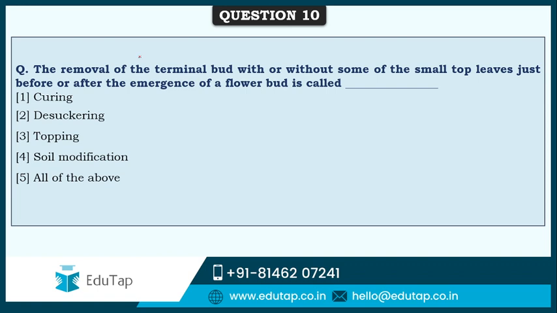Next, till now we have seen some questions on seed and some weather parameters. Now we shall see more questions on various agronomic practices or agronomic operations that are specific to a few crops. And in that, this question says the removal of the terminal bud with or without some of the small top leaves just before or after the emergence of flower bud is called as what is it called?